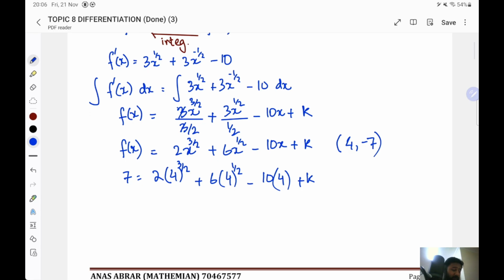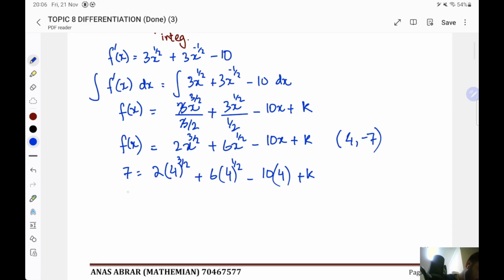So if we simplify 2 bracket 4 power 1.5 plus 6 bracket 4 power 1 by 2 minus 10 times 4, this is 12, this is 12, and negative 7 equals negative 12 plus k.